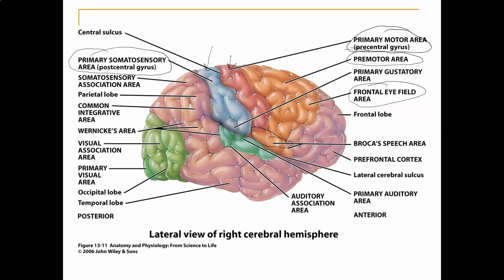That's this blue gyrus next to the primary motor cortex. These are where neurons are that allow you to localize sensory information coming from your skin. So a mosquito bites you on your left forearm, you feel it, and you feel the sting or the bite in that area because it's mapped onto this part of your brain.